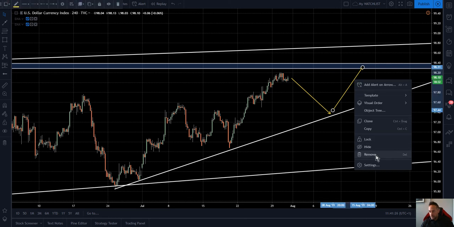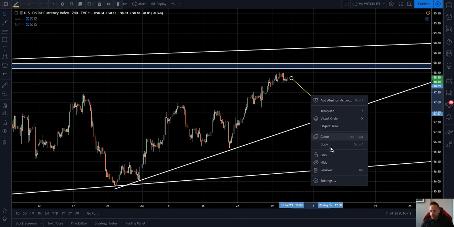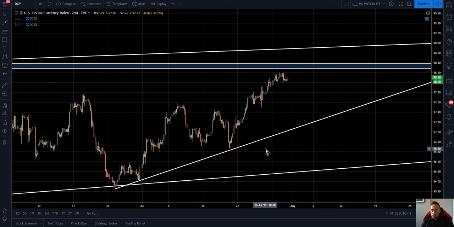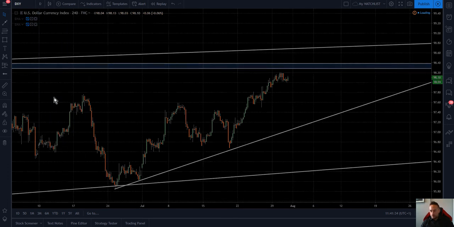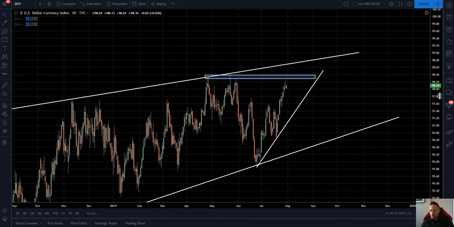So a few different options there, but really it does depend on what the Fed do later. But I can see this 98.3 being tested again. It's really whether we break above it. Depends what they say later.